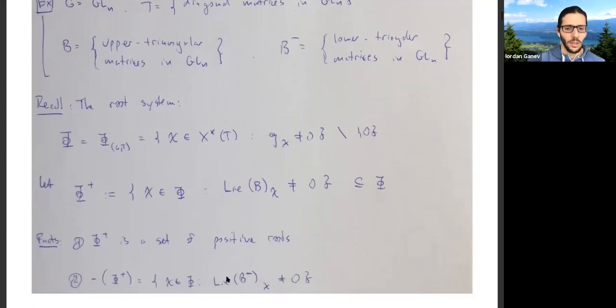And in fact, the set of negative roots, the roots that appear in the adjoint action on the opposite Borel, will be exactly the negatives of the roots that appear in the adjoint action of the original Borel. So that's on the other side of the hyperplane, if you're thinking about this geometric picture.